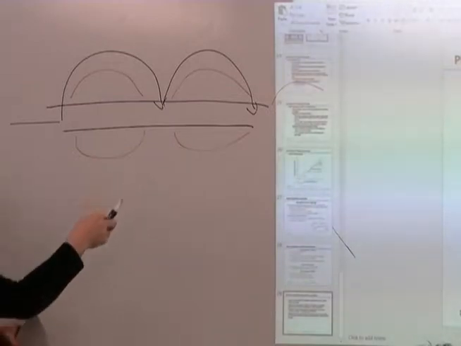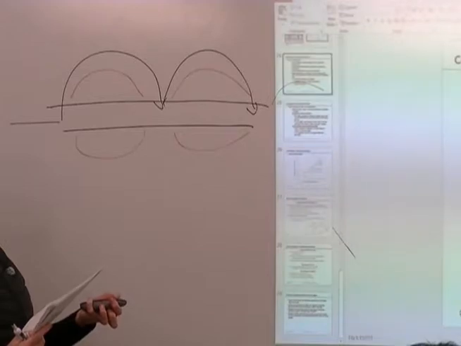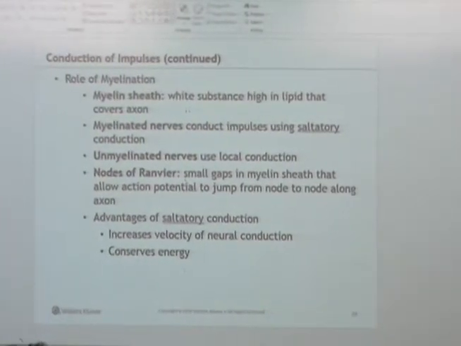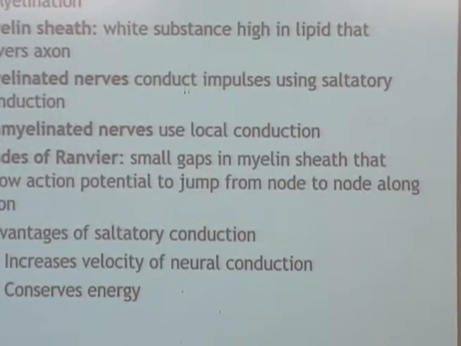It's called saltatory conduction. So, myelin, this little gap in the myelin is called the node of Ranvier, right? Allows the action potential, the signal from the central nervous system, to travel faster down the motor nerve.